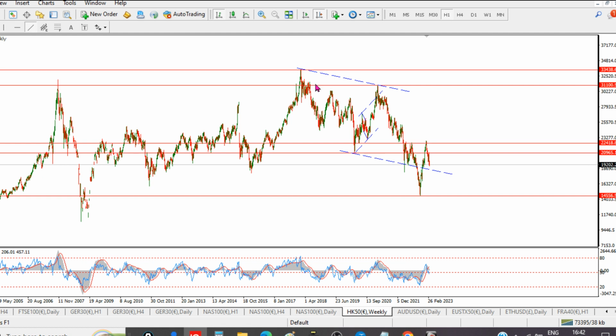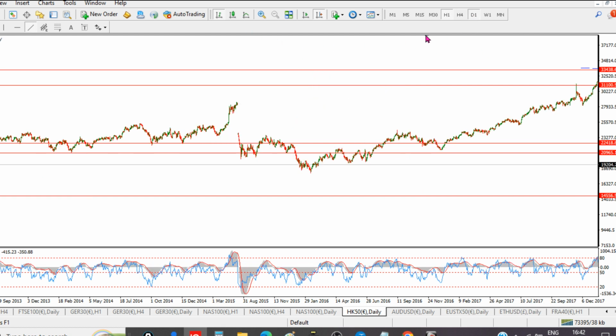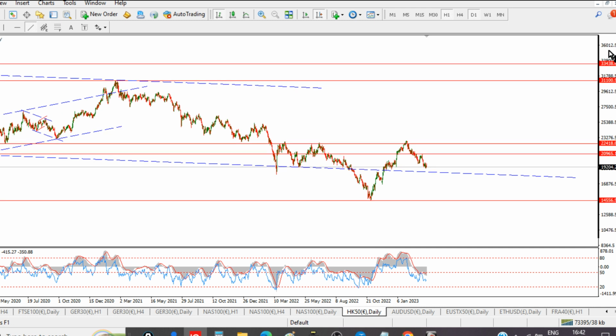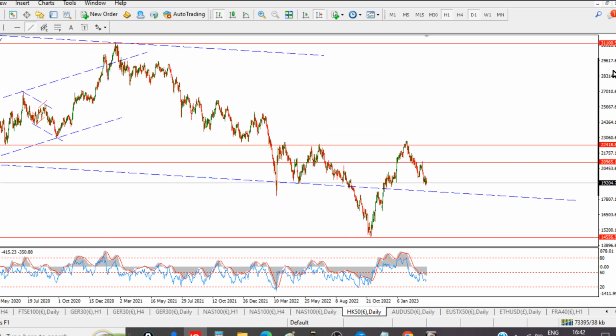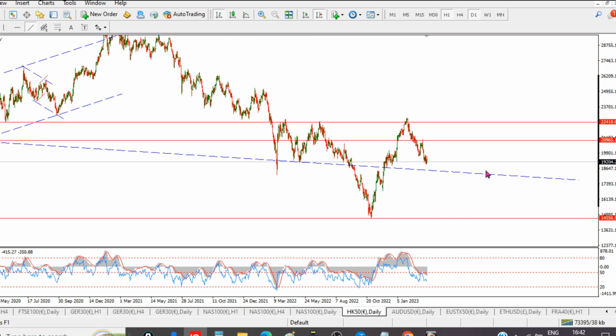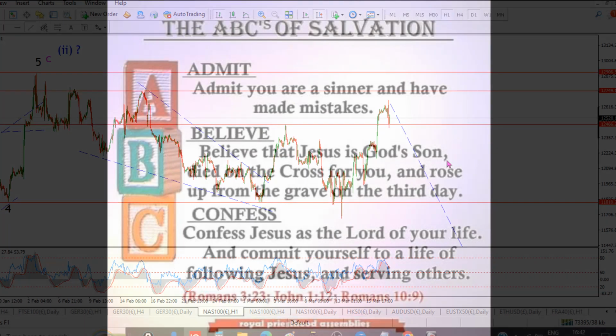Hong Kong is turning down pretty vigorously right now. I don't see this materializing in any other way than wave 3 wipeout markets. If the US goes down, I think the rest of the world is going to go with it. And that seems to be the way it's looking right now.